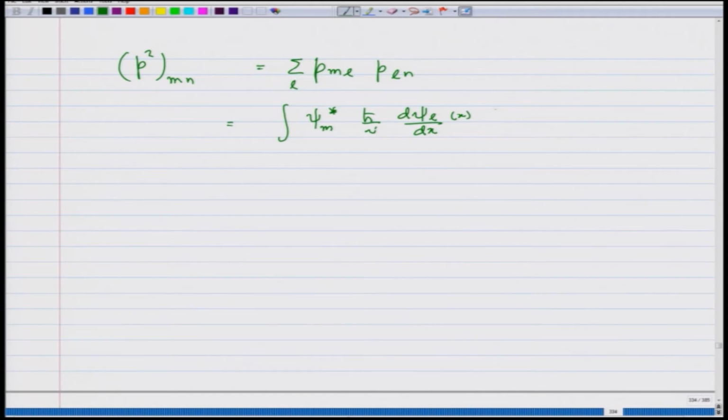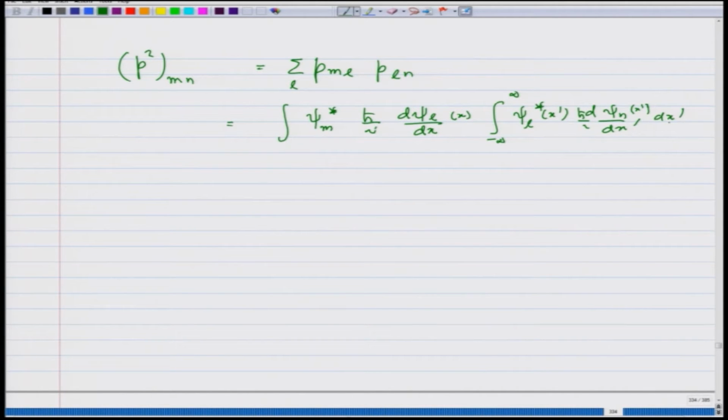So, for p square mn, I did p ml p ln summed over L, and this I wrote as integration psi m star h cross over i d psi L over dx, times integration psi L star x prime, h cross over i d psi n over dx prime, dx prime.